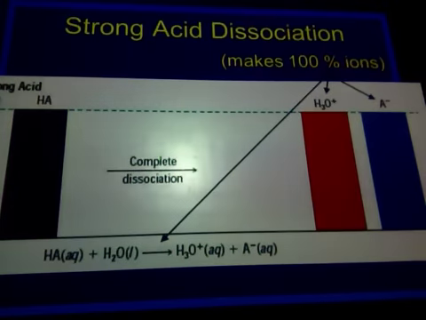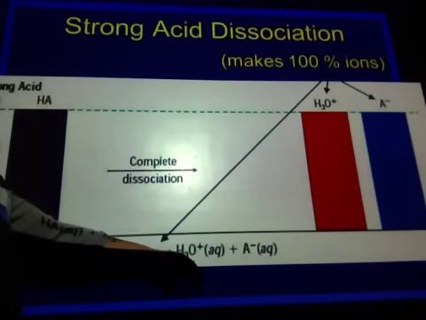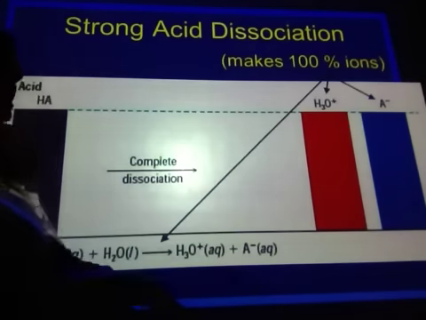Let's go to this. So this would be a strong acid dissociation. I started off with a generic acid that we're going to call HA. And when I react that with water, it's going to break apart into my hydronium ions, which is just hydrogen ions. And then I'm going to have this A- left.